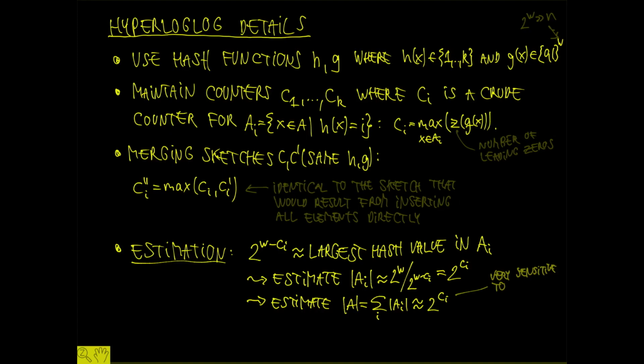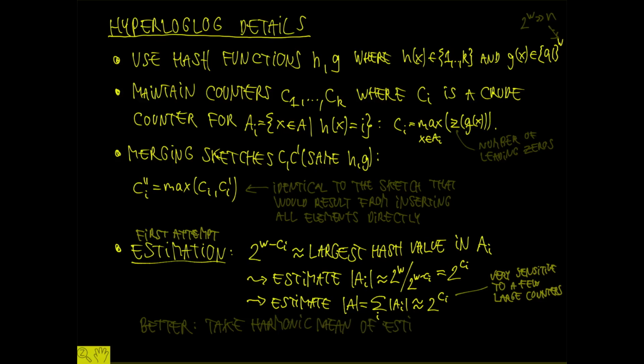Unfortunately, this estimator is going to be very sensitive to just a few large counters. So this is a first attempt; it turns out that you can do much better by combining these counters in a different way. The idea is to take the harmonic mean instead of the arithmetic mean of these estimators 2 to the C_i.